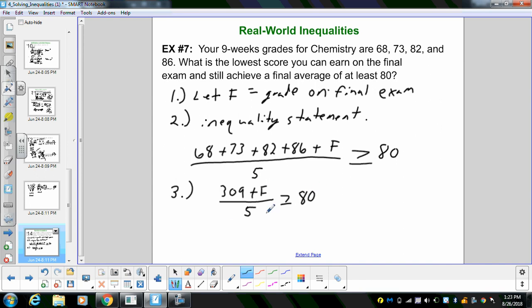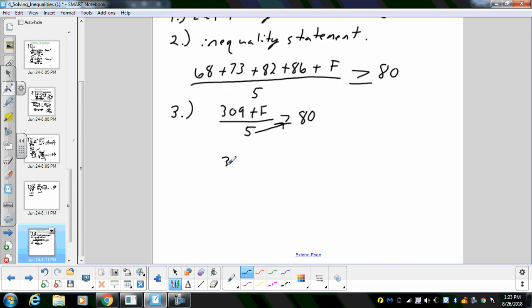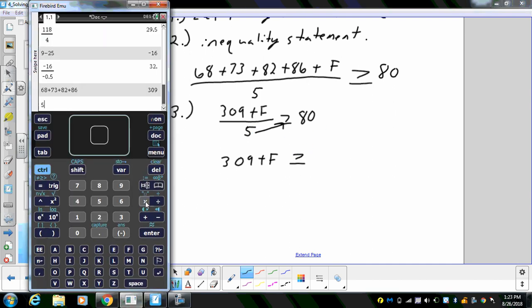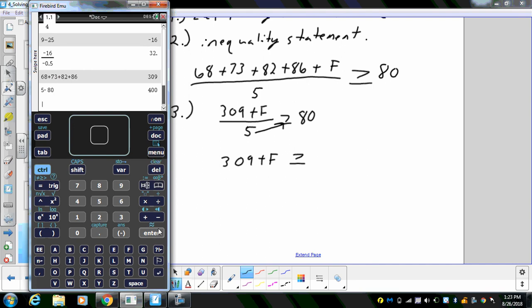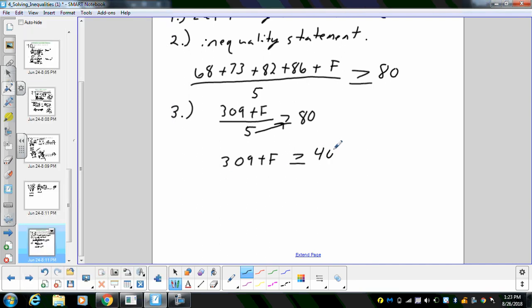So anytime we have a fraction like this, remember we talked about cross multiplying. Because there's no number over here, we just have to cross multiply one direction. So the 309 plus F will just drop down, greater than or equal to 5 times 80, which gives me 400.